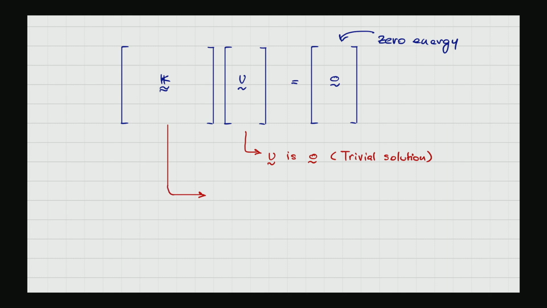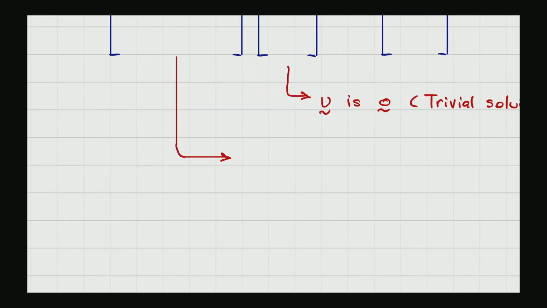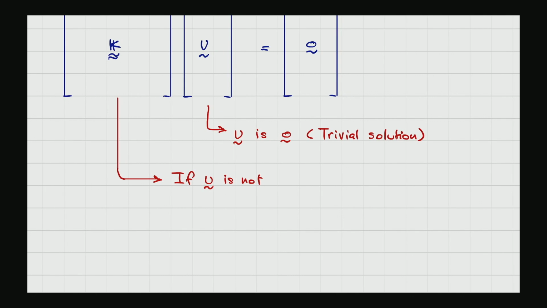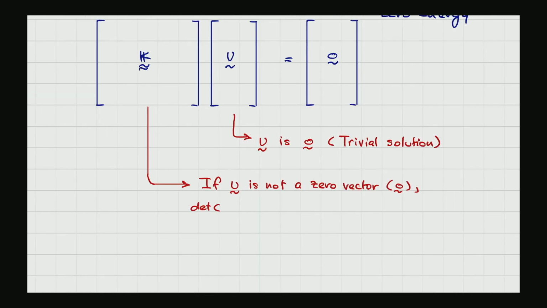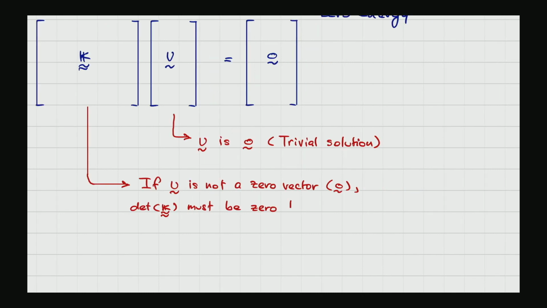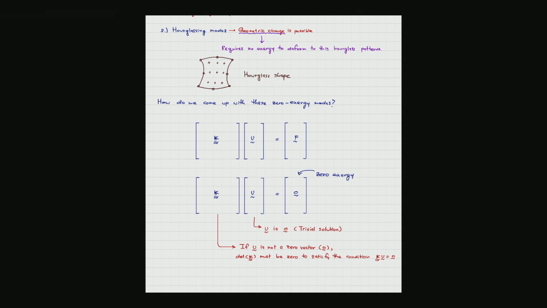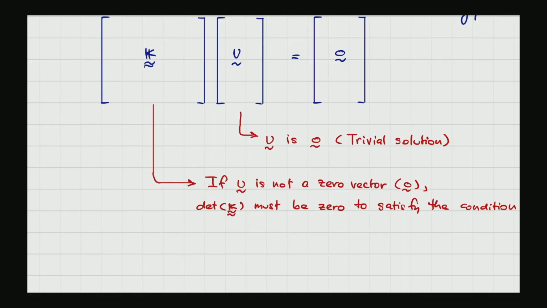So the part that we will get some information is going to be from this one here. If U is non-zero, we don't need the 0 U. So if U is not a 0 vector, the determinant of K must be 0 to satisfy the condition KU equals 0. Okay. So we are dealing with an eigenvalue problem.